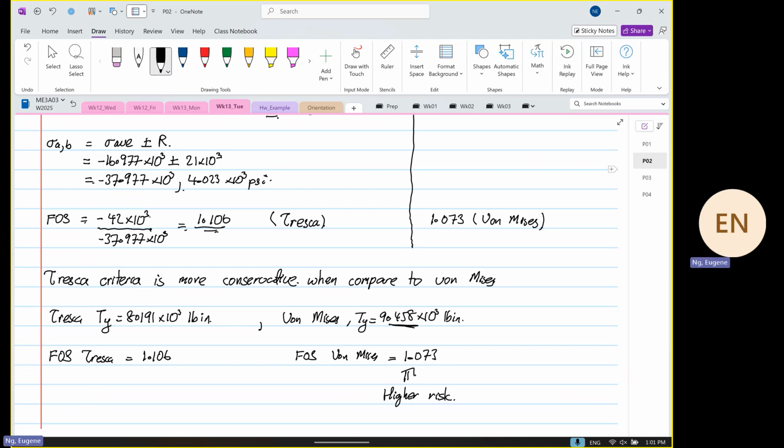If we are designing a structure that is moving and requires fuse, we use von Mises, because you want to maximize your torque.